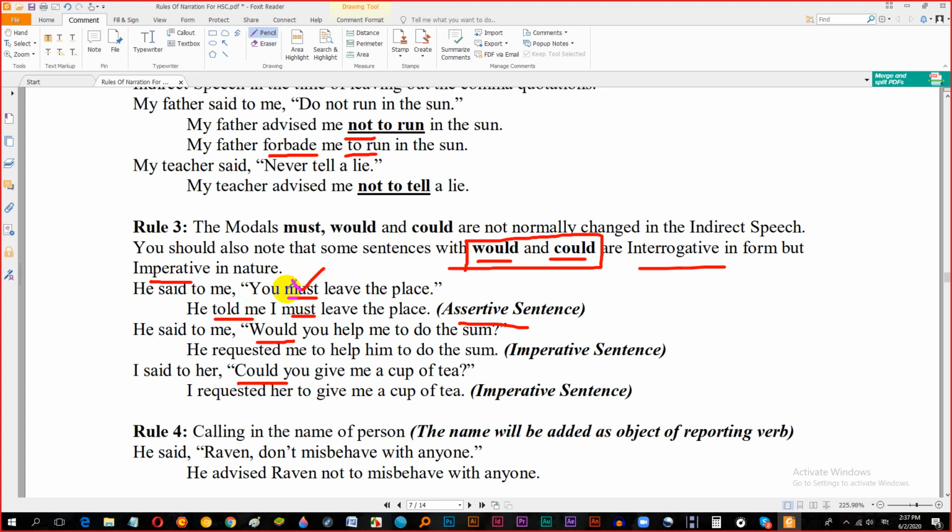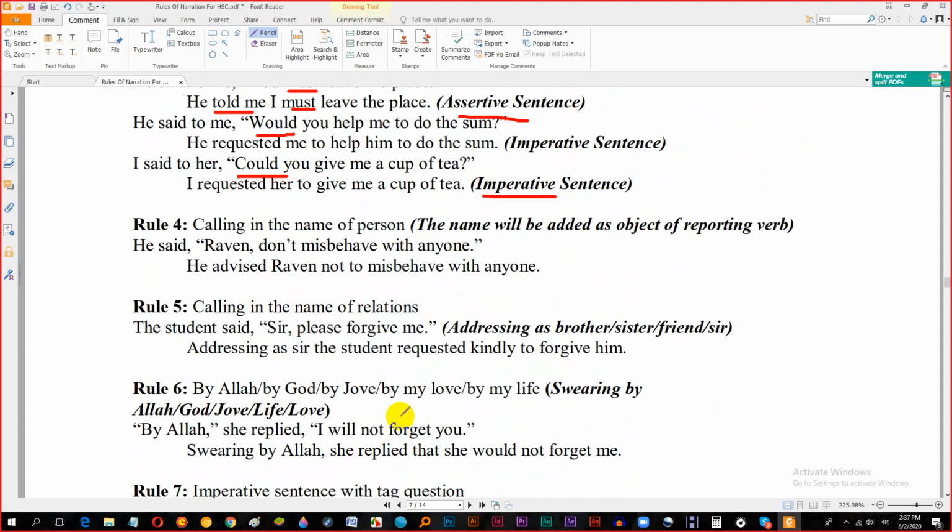For example, here must is kept as it is. Would would be unchanged and could would be unchanged. So must, would, could will be unchanged in an assertive sentence, but it will be changed, that means removed, in an imperative sentence. Okay, then rule number 4.